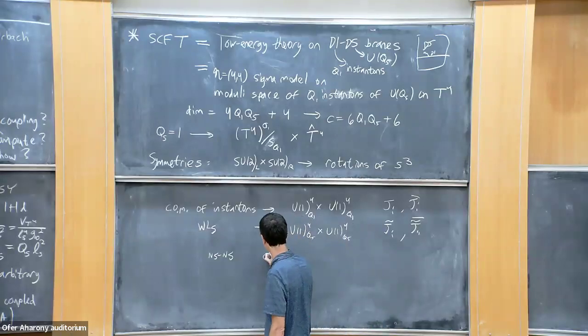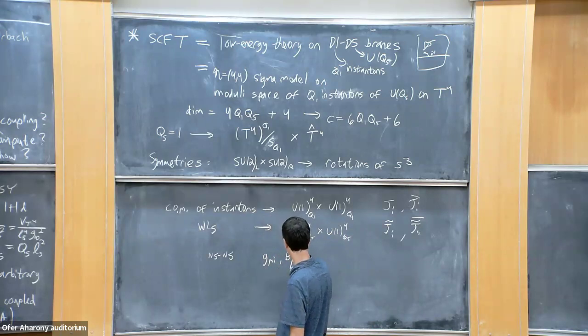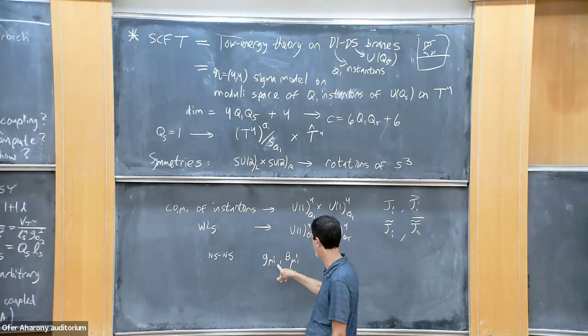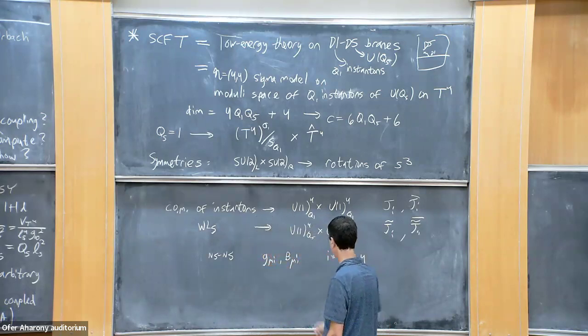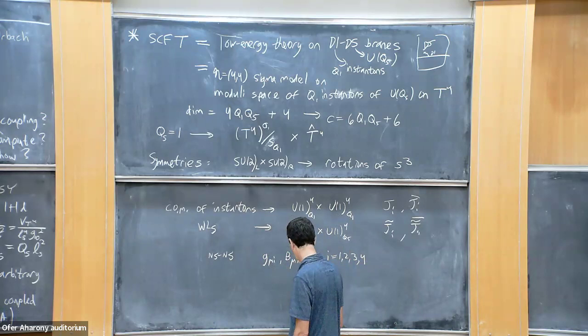In the NS-NS description we have 8 gauge fields which come from the components of the metric and of the B field. Each index i here goes over the 4 coordinates of the torus, and mu can go over, say, the AdS3 coordinates. Those components of the metric and the B field on the torus give us 8 U(1) gauge fields, and one can show that these fields have level Q1, so that they match with these fields.